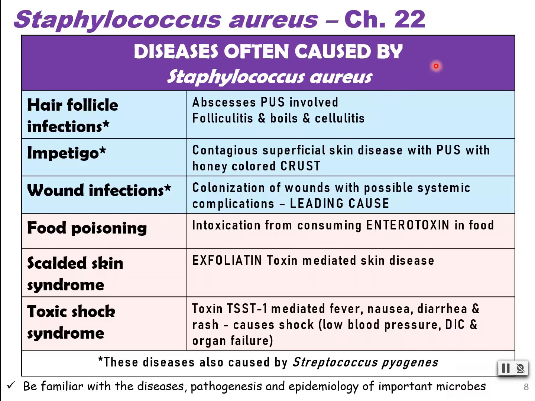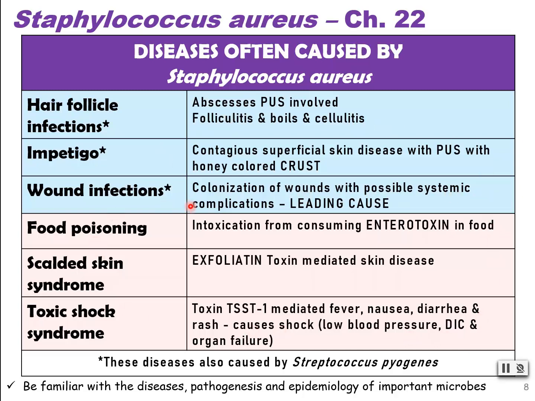So I made tables for some of these, and you can find most of the information for Staphylococcus aureus in chapter 22. I've divided them up by color because I just love to organize things. So the first three, these are all going to be skin infections, and they just have to do with the organism and how they get in, if they can get in through a break in the skin, and what different strains do.